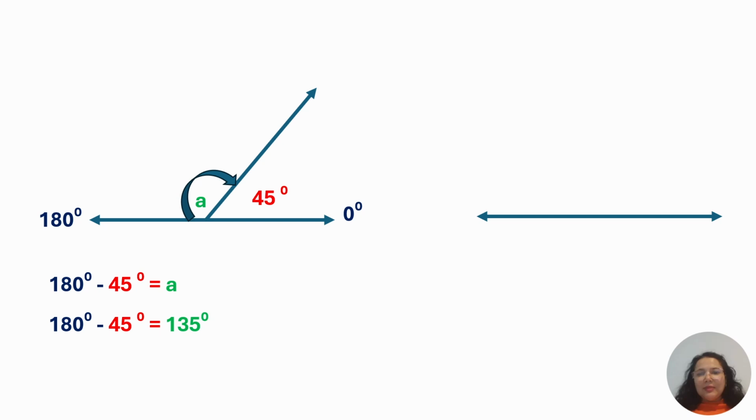Now let's look at something else. If we have a straight line and our lines meet perpendicular to each other and our right hand side is 90 degrees, they want to know what is angle B. Now you know that if one side is 90 degrees, then obviously on a straight line, and if two lines are perpendicular to each other, then the other side is also 90 degrees, so B is 90 degrees.